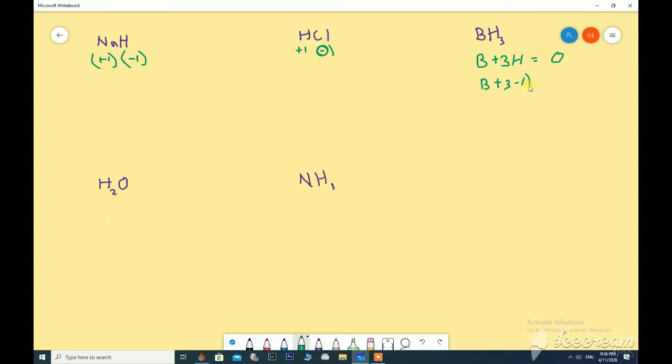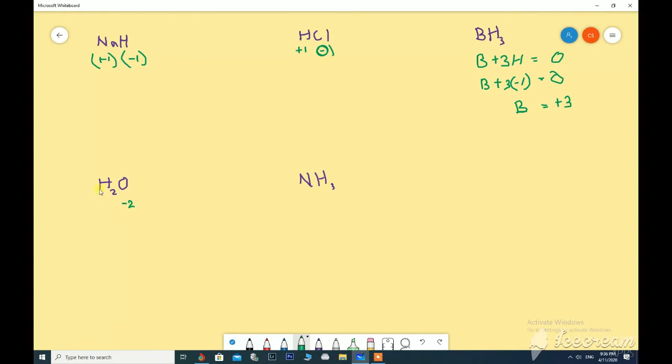Why do we take it as -1? Because hydrogen has a higher electronegativity value than boron. It is equal to 0. So boron has the oxidation number +3.